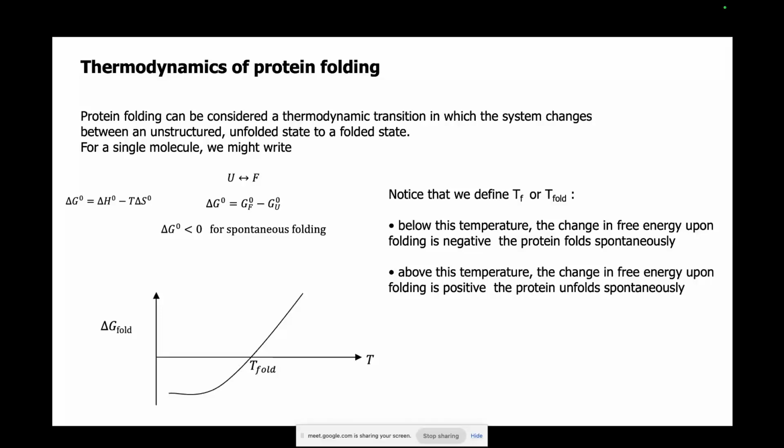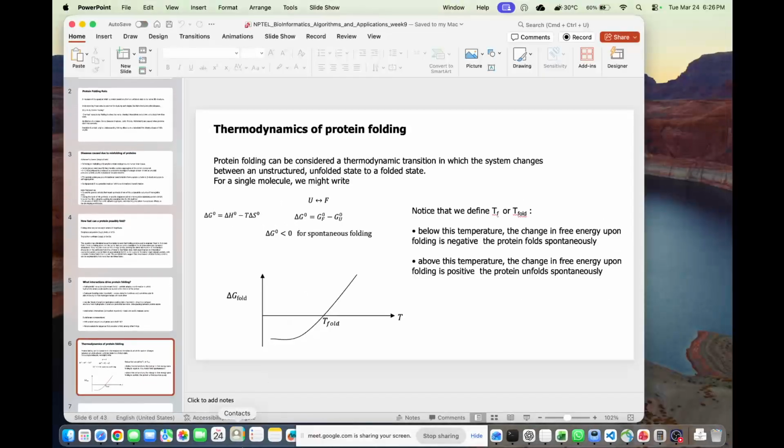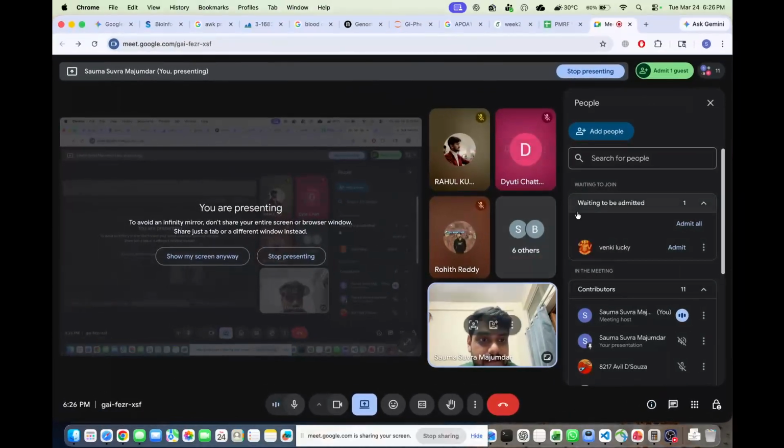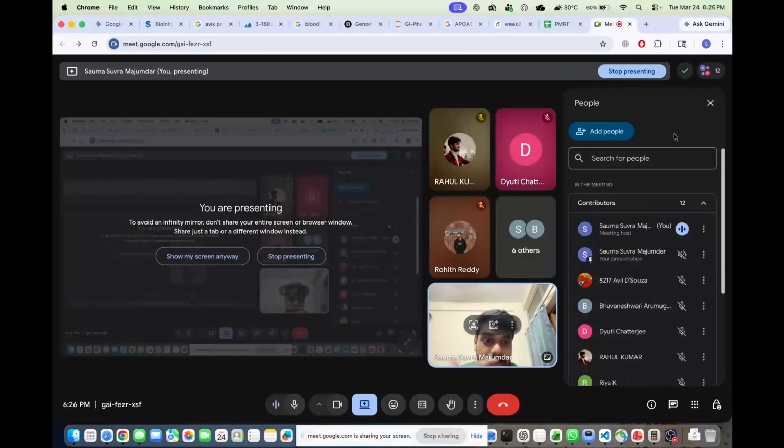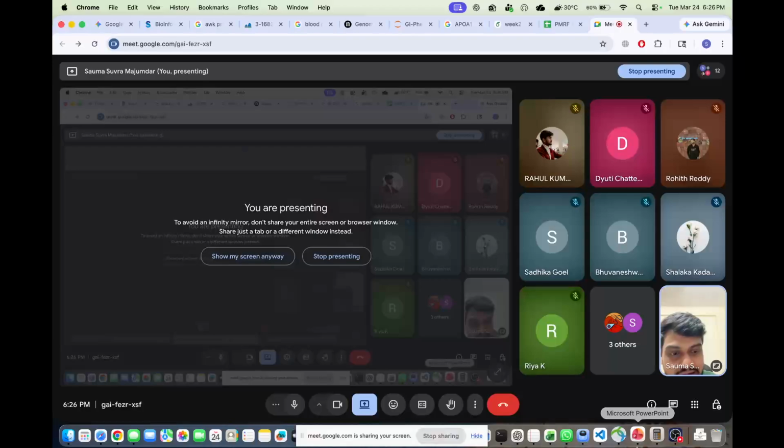Under certain temperatures, pH conditions, and environmental conditions, the protein will fold spontaneously, with a negative delta G. But the moment you change certain things slightly in the environment of the protein, it will go back the other way, moving from the folded to the unfolded state more spontaneously than from unfolded to folded.